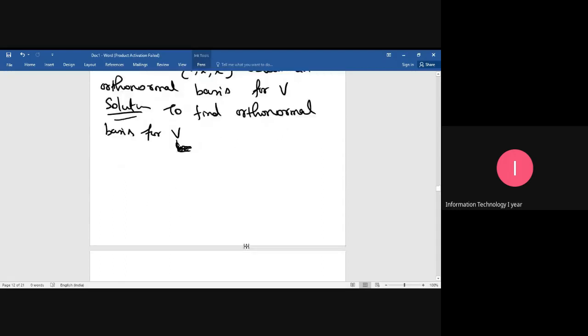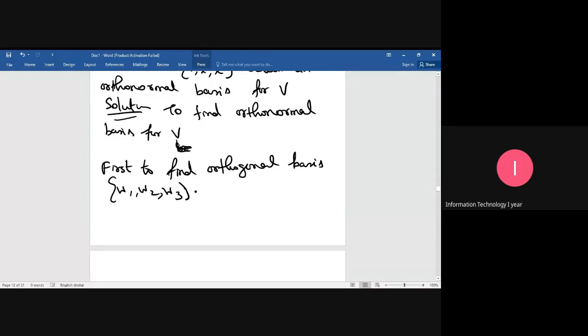Okay, so first to find the orthogonal basis. Orthogonal basis is what? W1, W2, W3 for V. Then only we can write the orthonormal basis. That is very simple, one more step only. We just find out W1, W2 and W3.